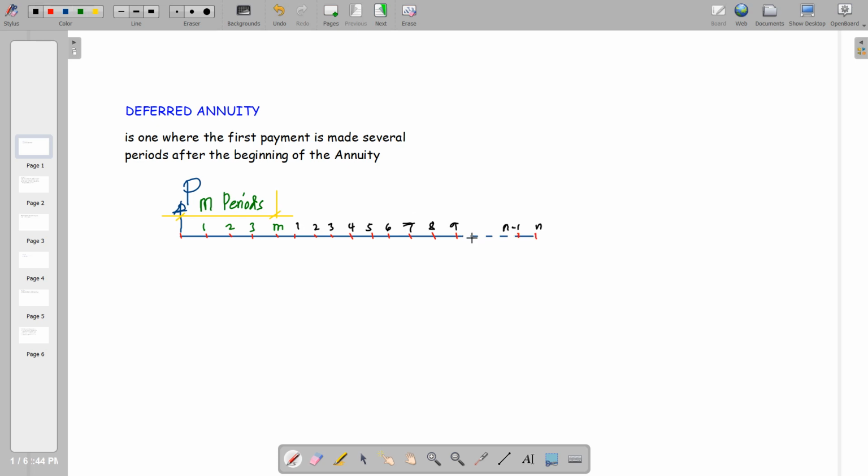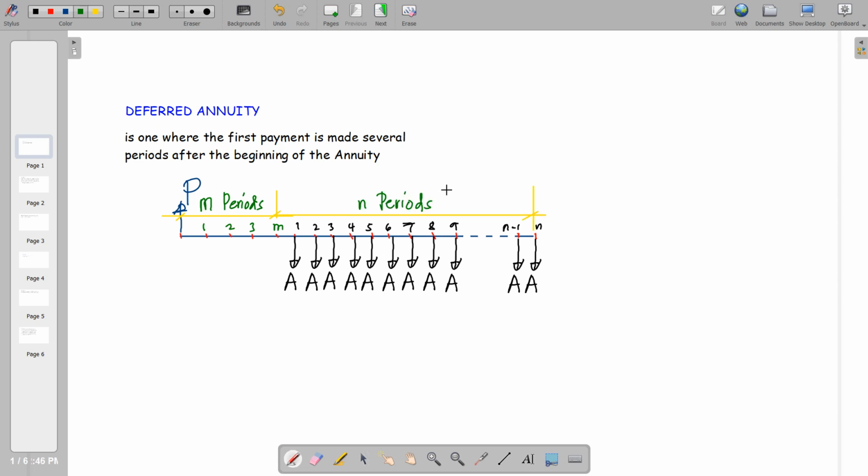And then there is another set of periods after the M periods. This is where the annuity will begin to occur. So there will be a series of payments here, and this can be labeled as N periods.